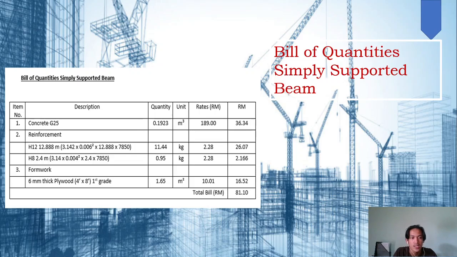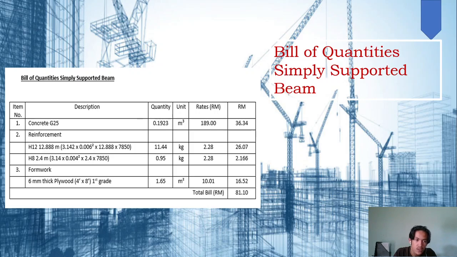For the H12, the quantity is 11.44 kg, and the price is 26.07. Then for H8, the quantity is 0.95 kg, and the price is RM 2.16.